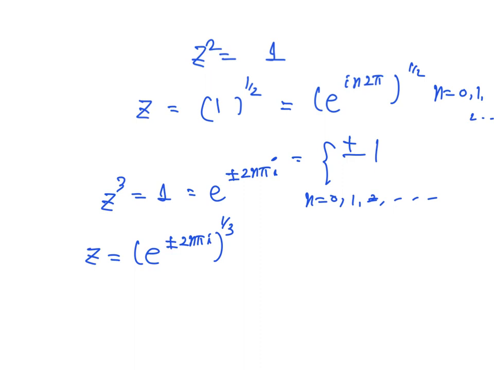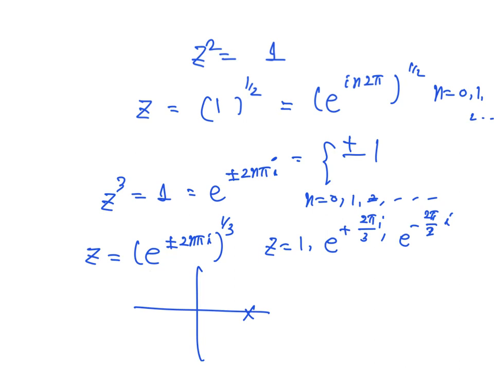One is z can be 1, plus 2/3 pi i, 4/3 pi i. So you have three different solutions here: 1, 2, 3, C1, C2, C3.